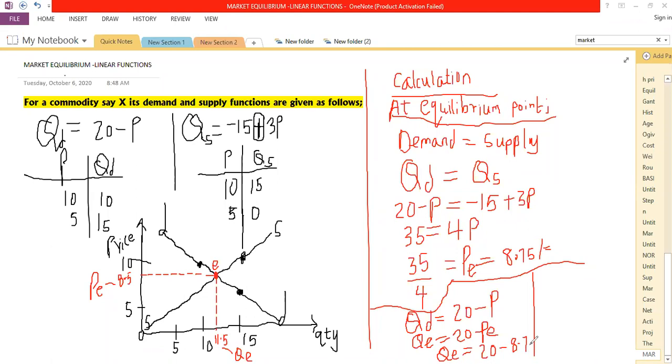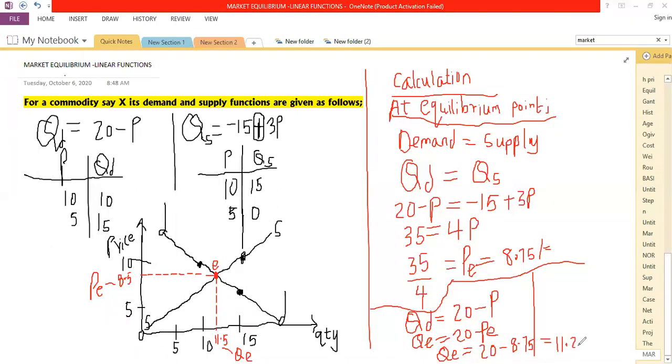We just subtract that. And this will give us an amount of, let's see, 11 units, 0.25.